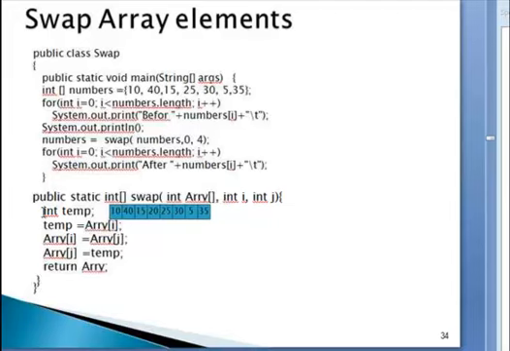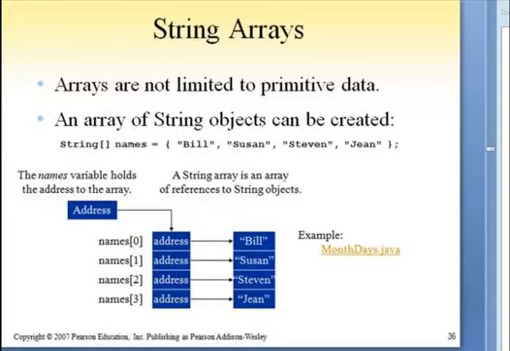The only thing we change is temp from int to string, and the return type is also a string array. Everything else remains the same. So we can use this swap function also for strings, to sort a set of data.